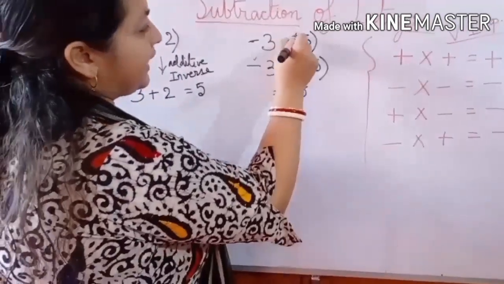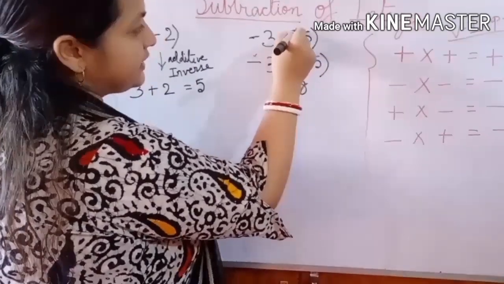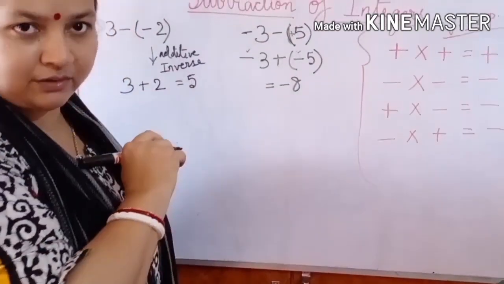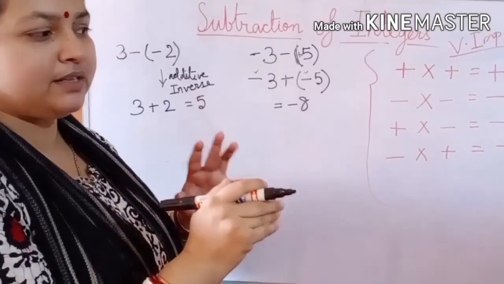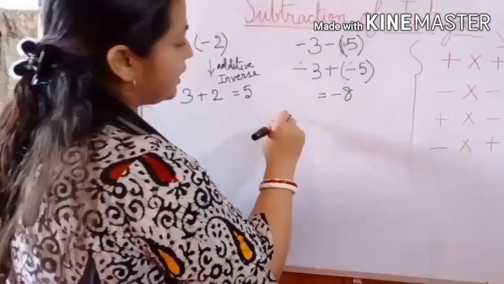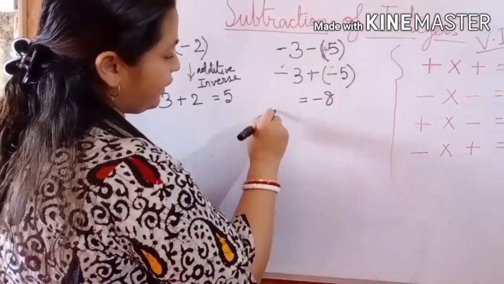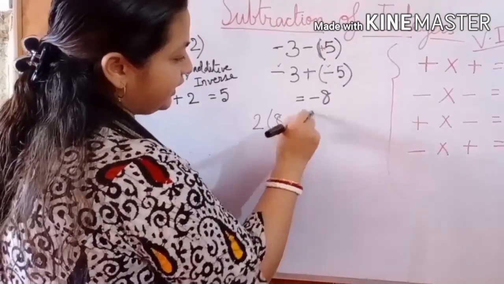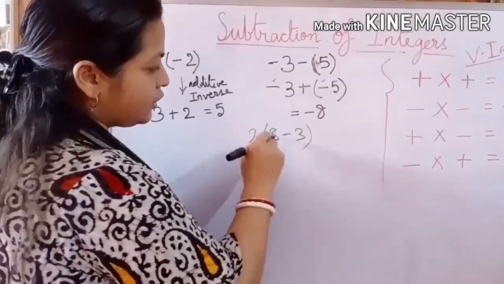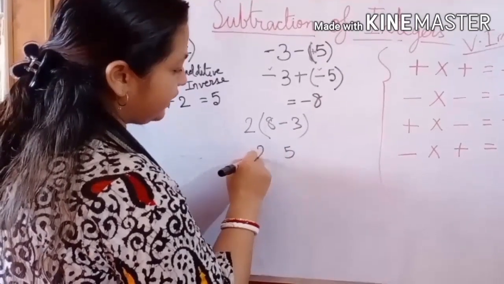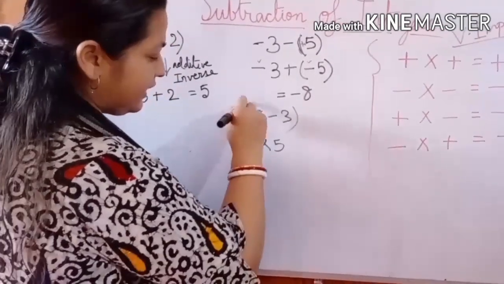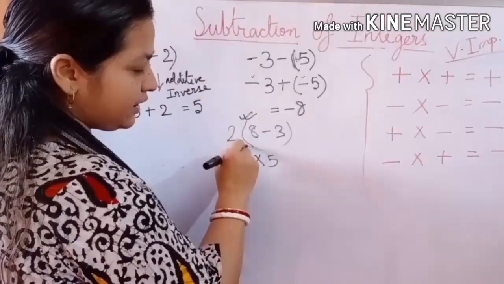what does this bracket signify? This bracket signifies the multiplication sign. When we have a bracket, it means some integer is outside. Suppose, let's remember, if you have 8 minus 3 and we use BODMAS, 8 minus 3 is 5 and we do 2 into 5, right? This bracket sign is for multiplication.